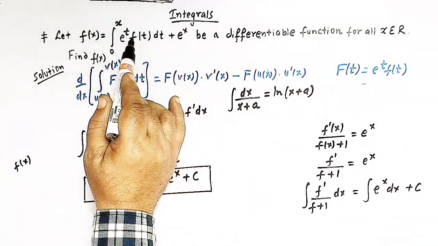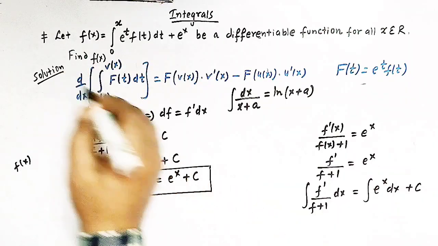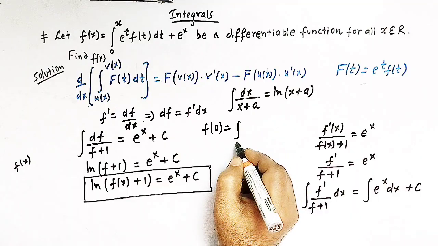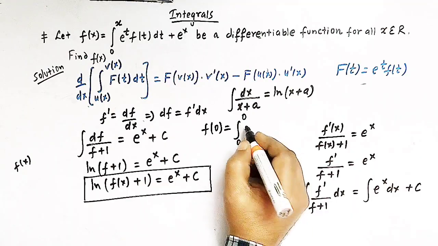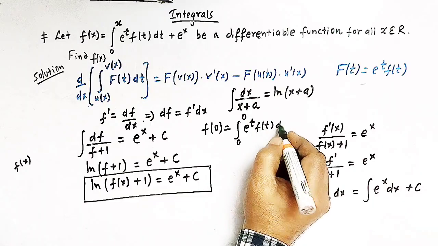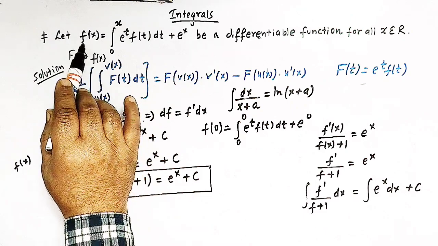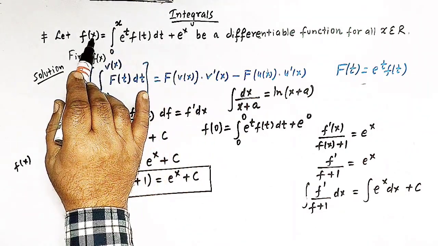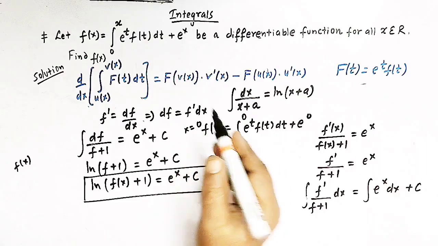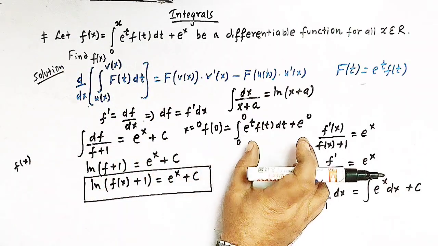So let us make use of this expression. Now if we replace x by 0, then we have f of 0 is equal to the integral from 0 to 0 of e raised to t f of t dt plus e raised to 0, right? So what we have done here is replaced x by 0. So taking x equal to 0 in this expression, we have f of 0 equal to this.